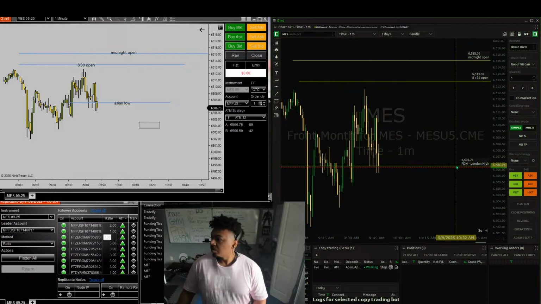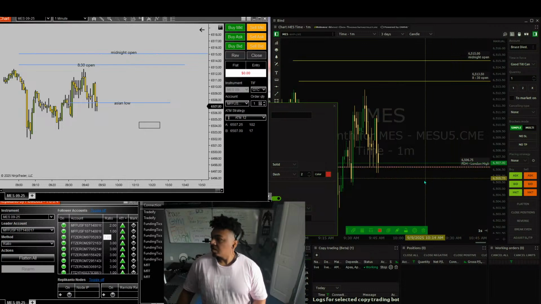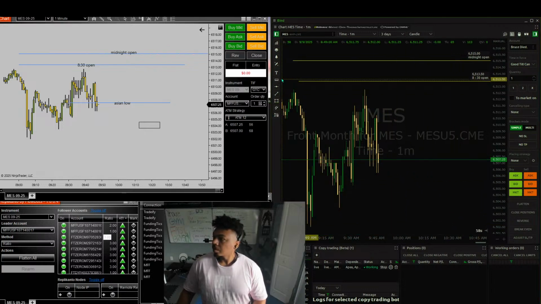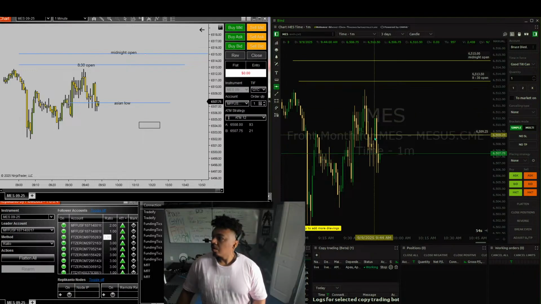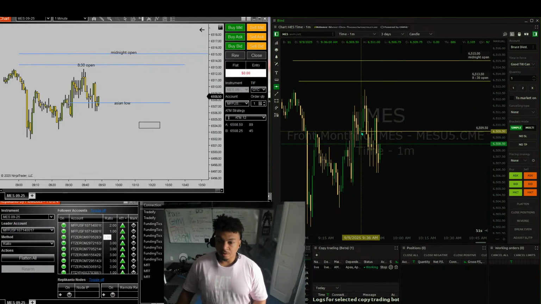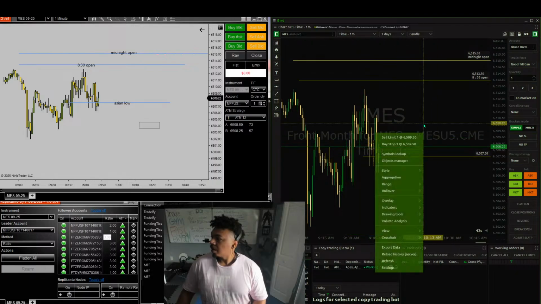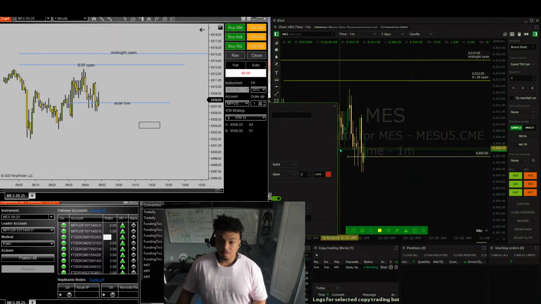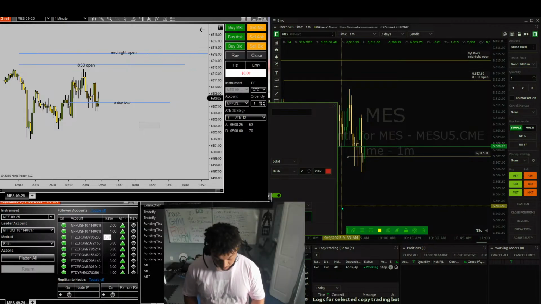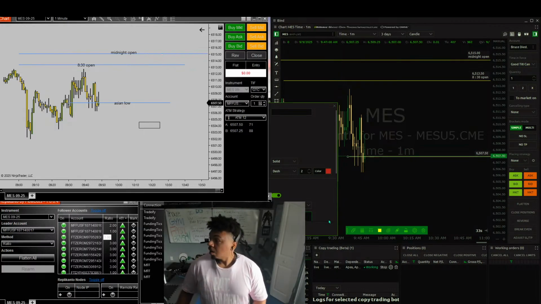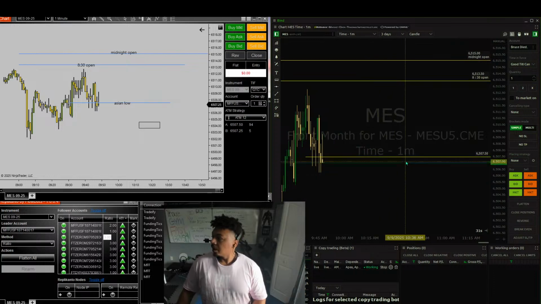So for now, I think I'll erase this because we have other things that we can label that are close to that region anyway. So 6507.5, that right there is Asian low. And all these levels are coming from an indicator that I have set up.